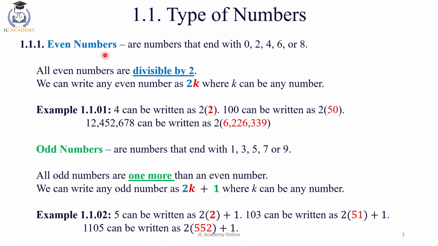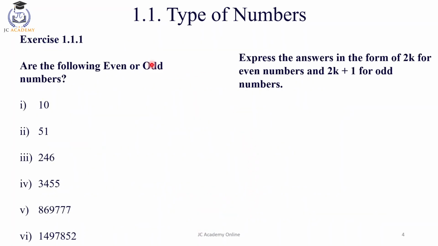And similar to the even case, we can write any odd number up to infinity as 2k plus 1. Here are some exercise questions for you to try. Have a go at them and see how you get on.